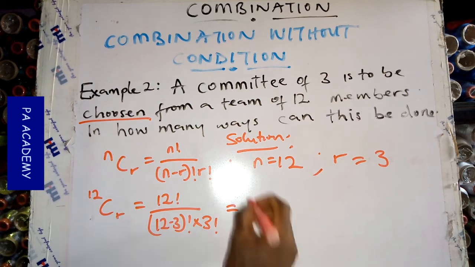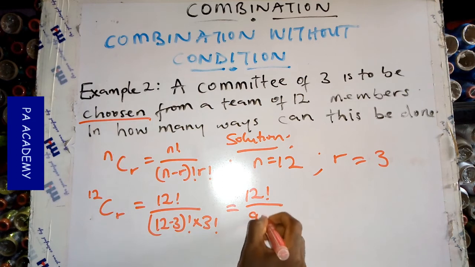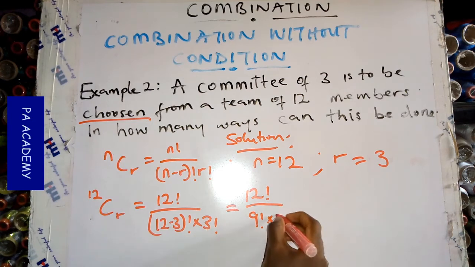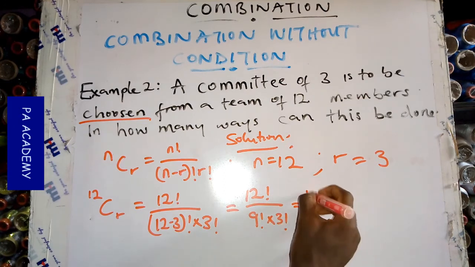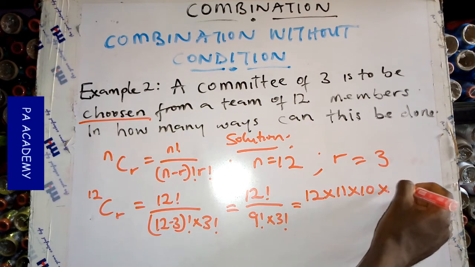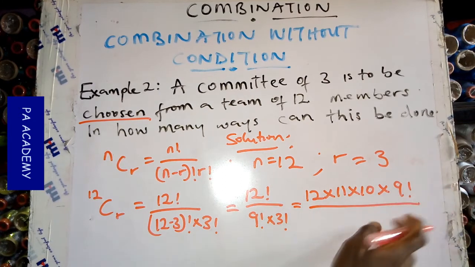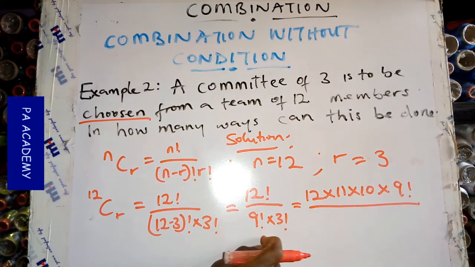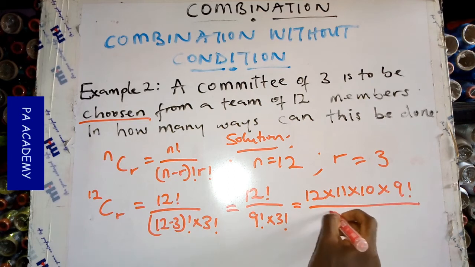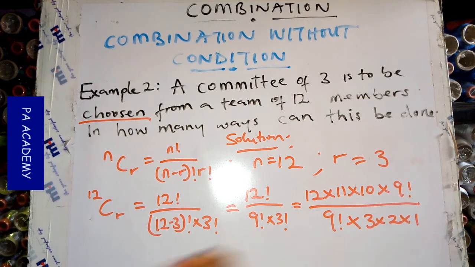So let's simplify this. That will be 12 factorial over 12 minus 3, that's 9, so over 9 factorial multiplied by 3 factorial. So this 12 factorial will be written as 12 times 11 times 10 times 9 factorial over 9 factorial, since we have 9 factorial in the denominator, multiplied by 3 factorial, let's break it down, that is 3 times 2 times 1.